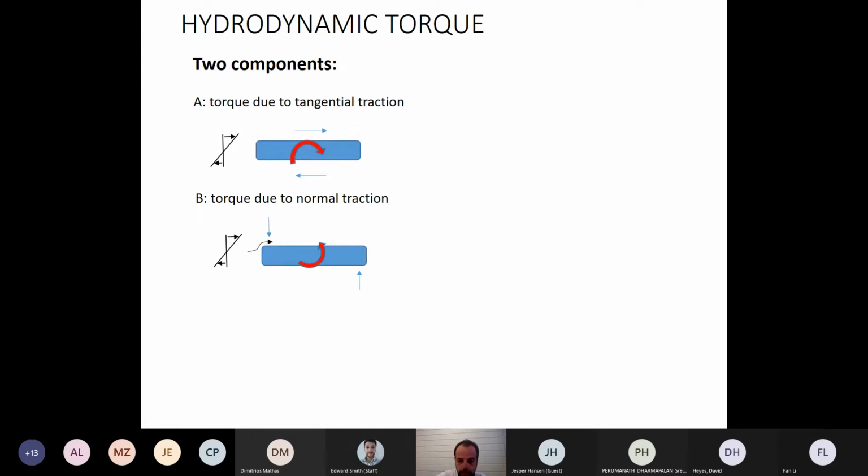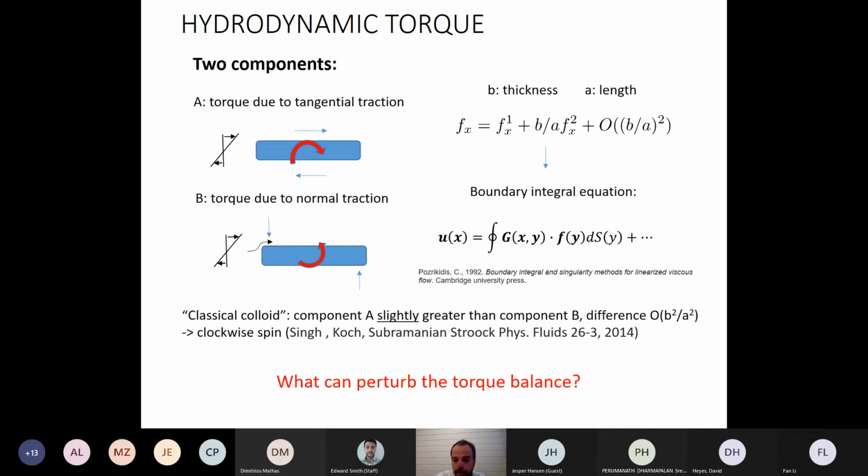So you can see that these two torque components have opposite sign, and it just turns out that the first contribution to the torque is very slightly larger than the second contribution.